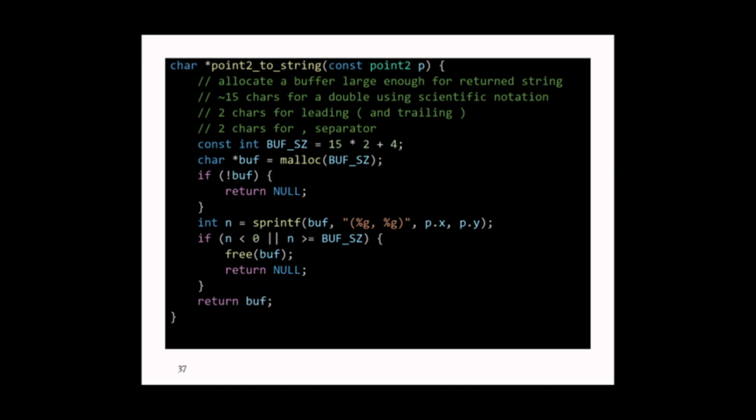So notice that even in this little example, where I'm just creating a string from 2 doubles, you've got to write a lot of code in order to do that. In Java, you would just write return round bracket plus px plus comma space plus py plus the closing round bracket.